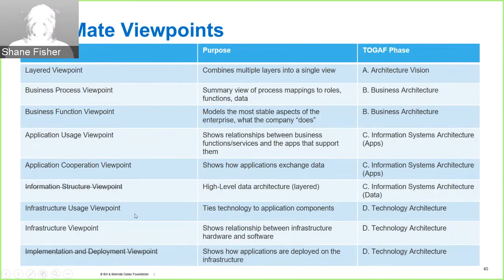The one that I use most often from an integration standpoint is called the application cooperation viewpoint. I love the names of these things. I just call it an integration diagram, but essentially that's what it is. It shows how applications exchange data with one another. And these we don't deal with too much, but if you were managing a network or something like that, you'd be down in this layer.